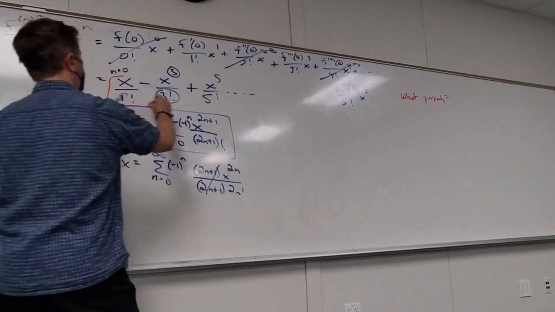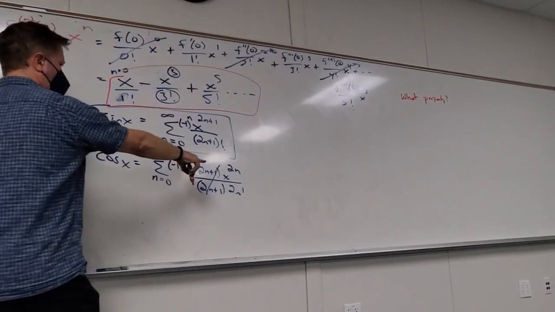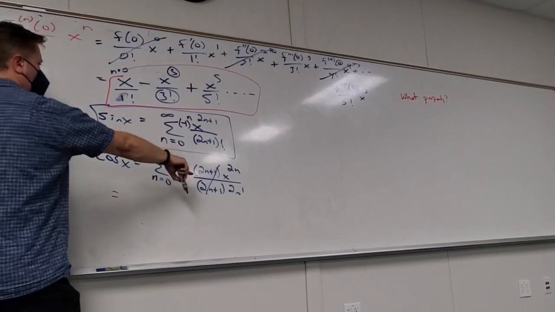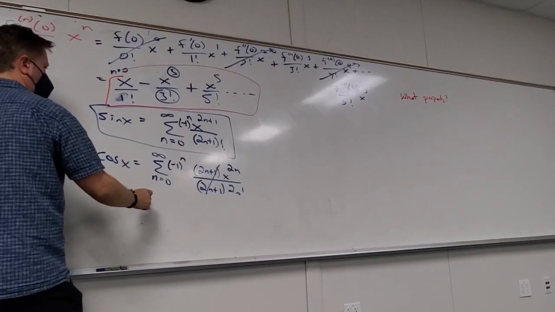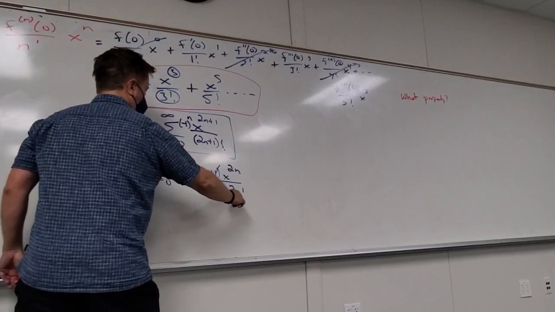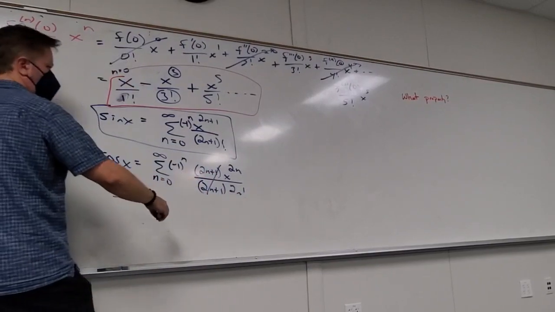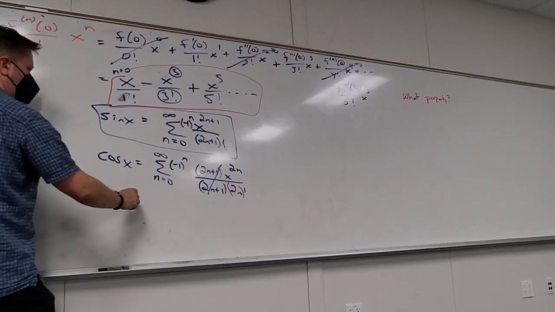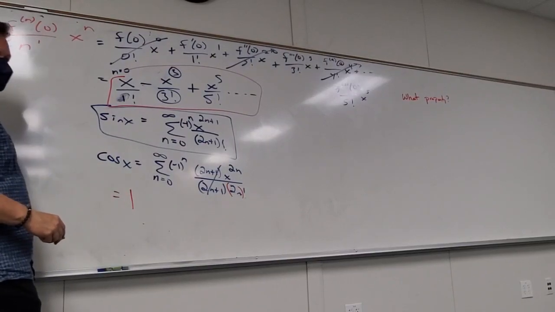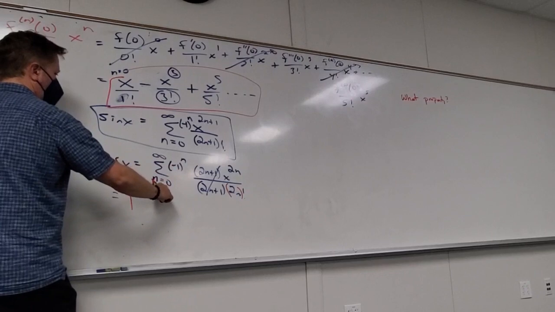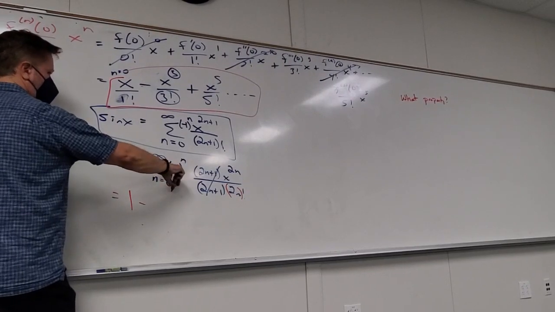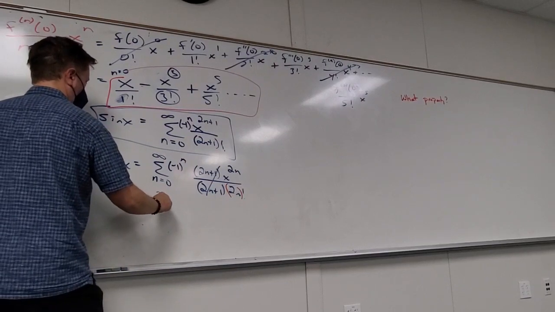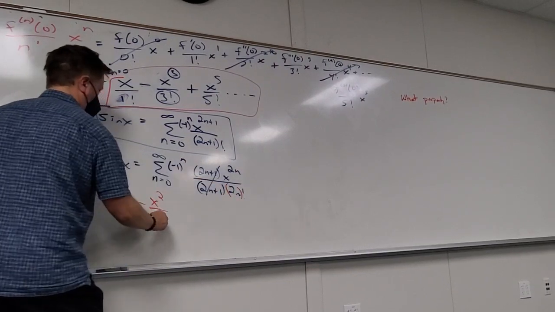This is for cosine. When n equals 0, what do I get? x to the 0 is 1, over 2 times 0 factorial, so 1 over 1. I should say 2n factorial. So 0 factorial is 1, so I get 1. When n equals 1, this is negative, yes? x squared over 2 factorial.